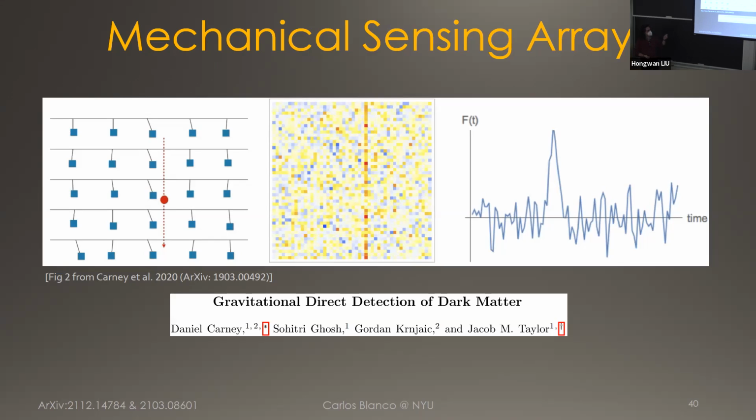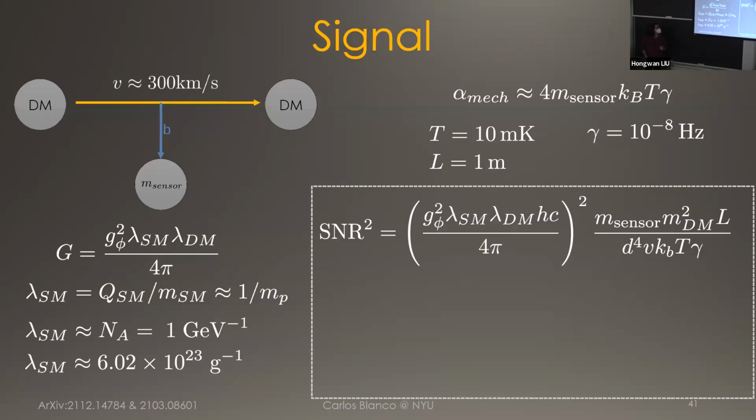And even though the impulse will be very small on an oscillator by oscillator level, if you were to take a snapshot, what you would realize is that the signal to noise ratio of the track-like signature is actually quite large. And so, the proposal here is fairly futuristic, but the setup, I think, is very clean.